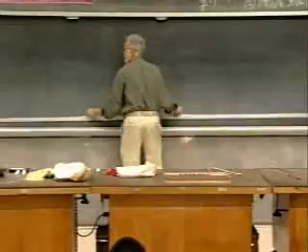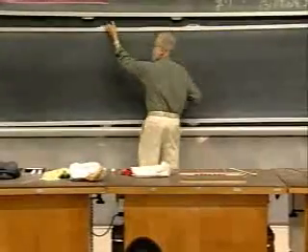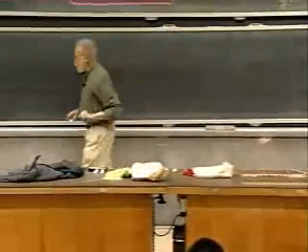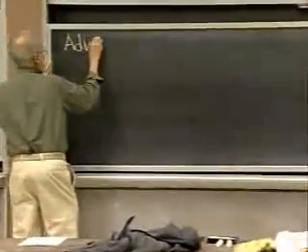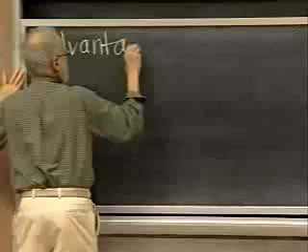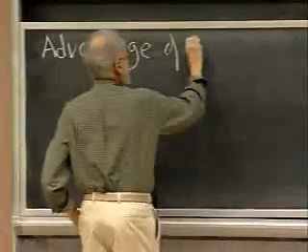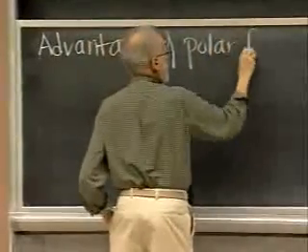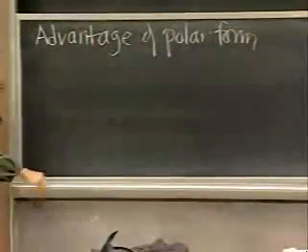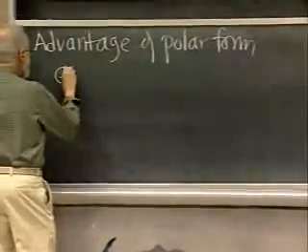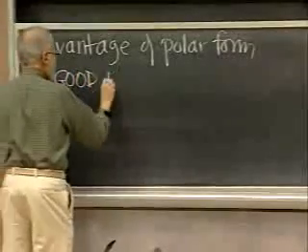But you should at least realize when you should look at polar form. The great advantage of polar form, particularly once you've mastered the exponential law, is it's good for multiplication.